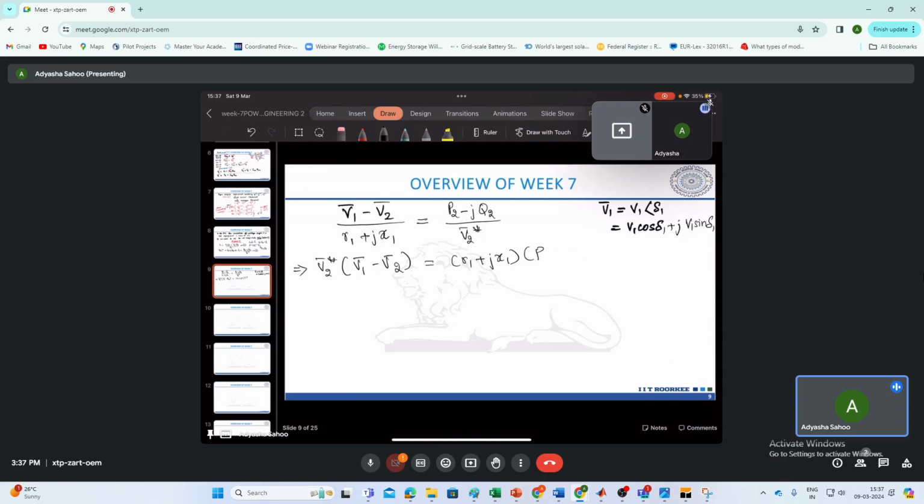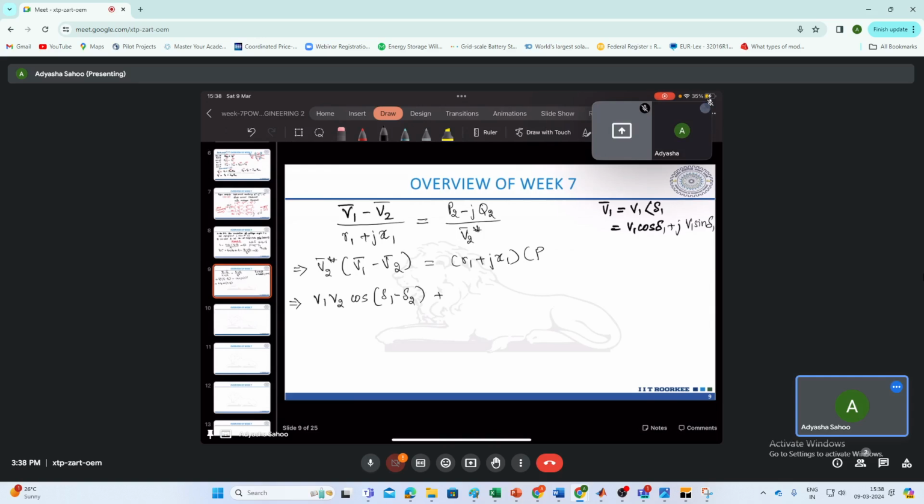So when I write this and multiply here, their magnitudes will be multiplied and their angles will be added. So here I will get V1 V2 cos of delta 1, and since this is a conjugate, it will become minus delta 2.